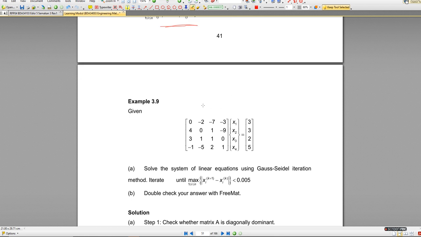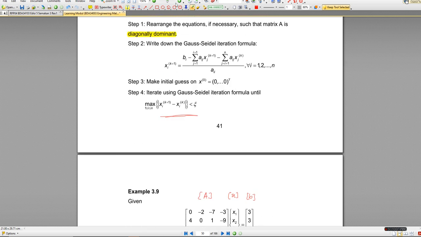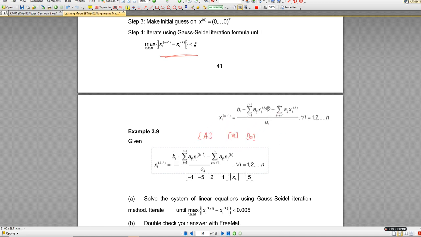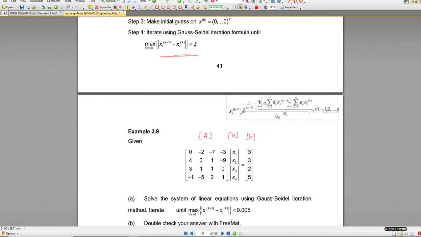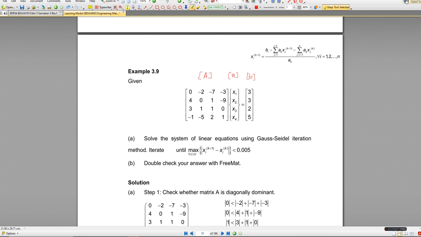Okay, it's given. Again, this is matrix A, this is matrix X, and this is matrix B. Okay, so the question is, solve the system of linear equations using the Gauss-Seidel iteration method.